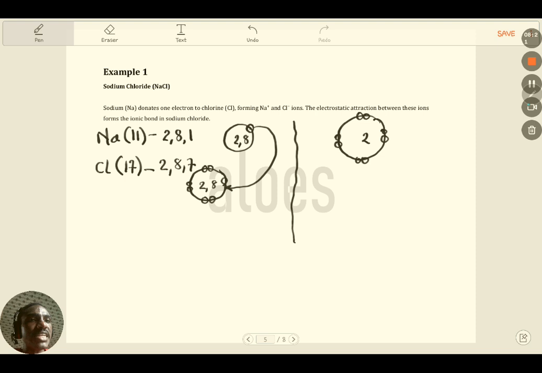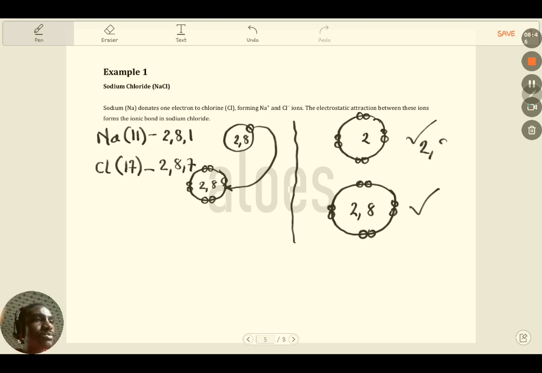Because it has released the valence electron, which is the outermost electron, to chlorine, and therefore chlorine will now have 2, 8, and instead of 7 in the outermost shell, now it will have a complete 8. So at the end of the day, both atoms are balanced. Here we have 2, 8, and here we have 2, 8, 8. So what do I mean by that?